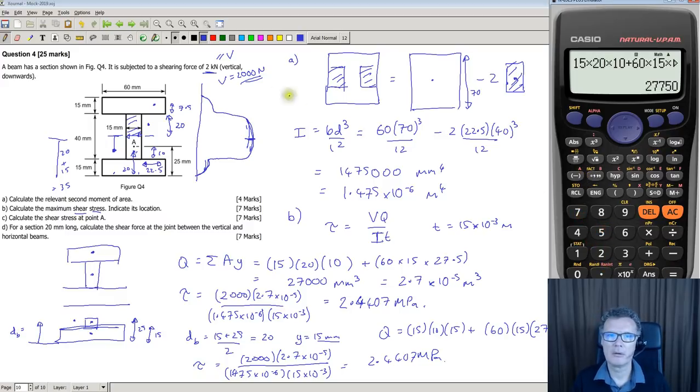Okay, so that should be 7.5 times 10 to the minus 5 meters to the power 3.